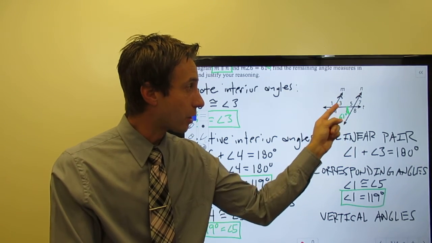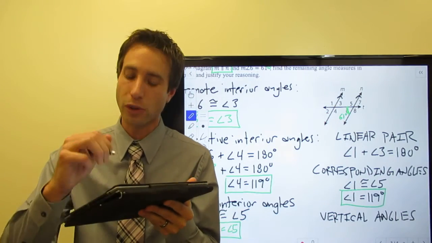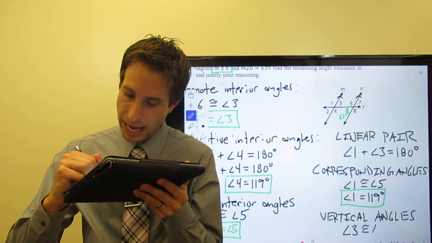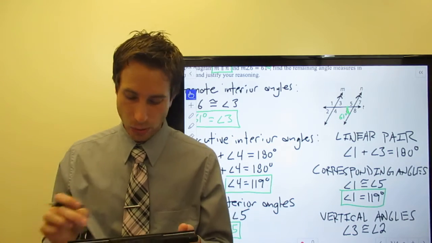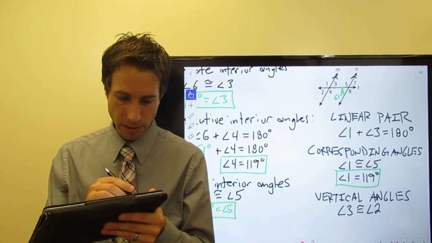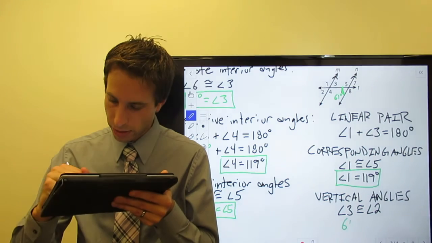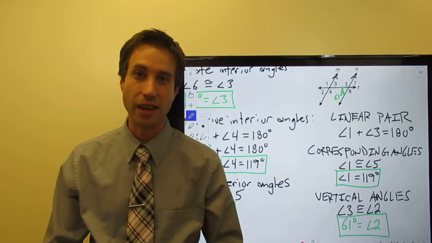Vertical angles mean that they have to be congruent, so angle 3 is congruent to angle 2. And I know angle 3 was 61 degrees. So angle 2 is 61 degrees.